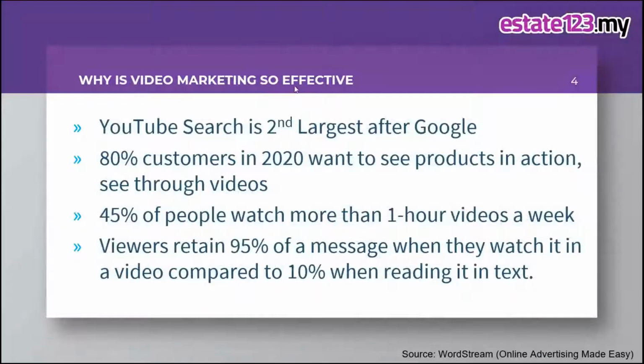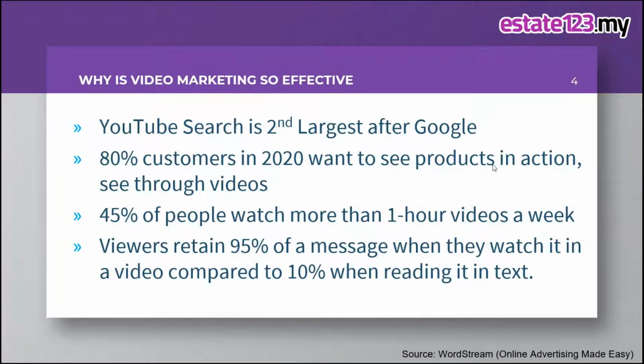Why is video marketing so effective now? Because YouTube is now the second largest search engine that people use to search for anything after Google. Google is the first, right? And 80% of customers in 2020 want to see things in action. They want to see it in video.